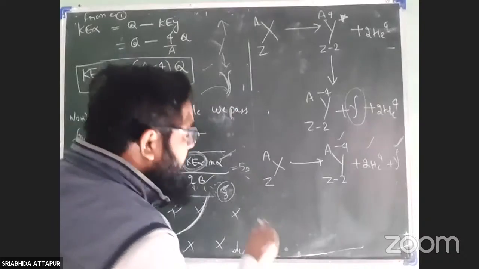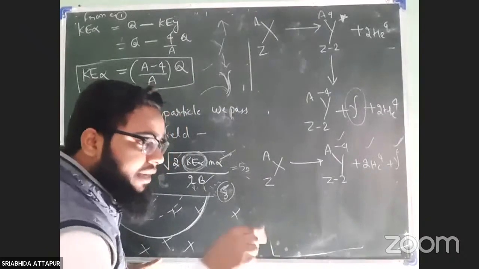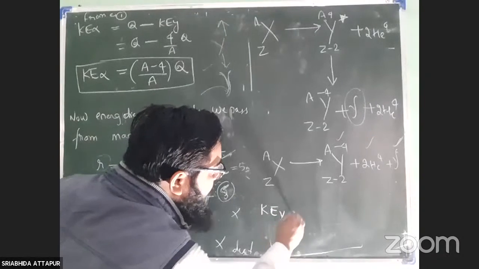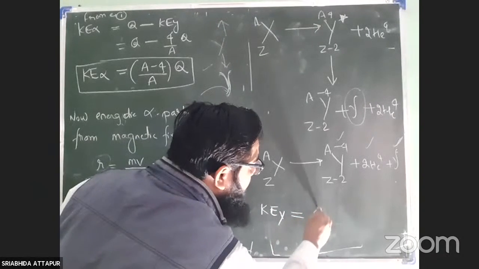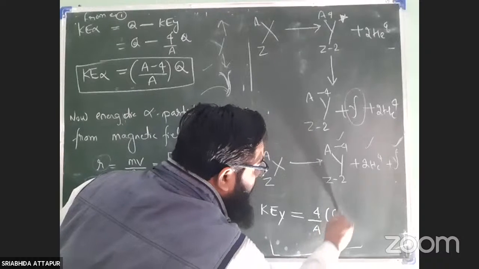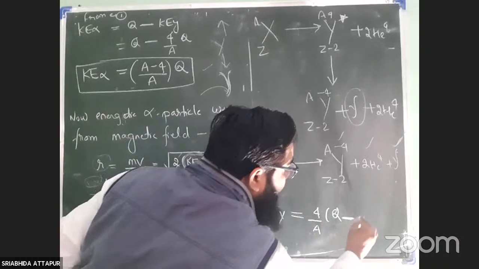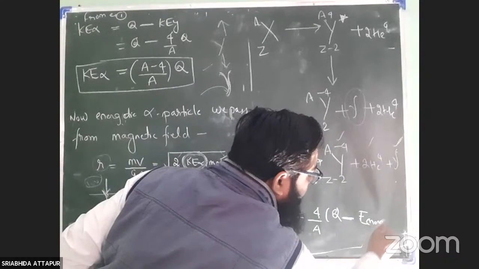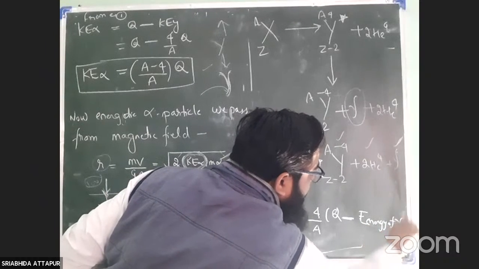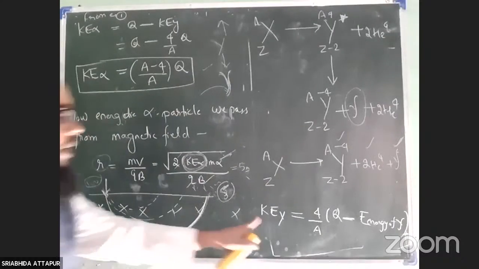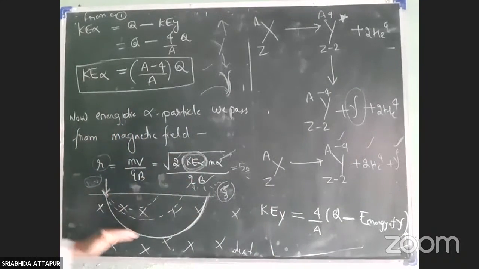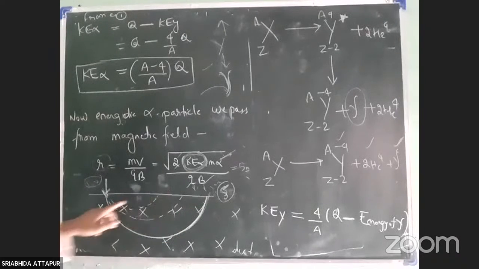Now if I ask you to write the net kinetic energy for Y, how much will you write? 4 by A into Q minus the energy of the photon, the energy of gamma. So now the net energy will decrease. When the net energy decreases, they will not come along the same path, so they will come along different paths.